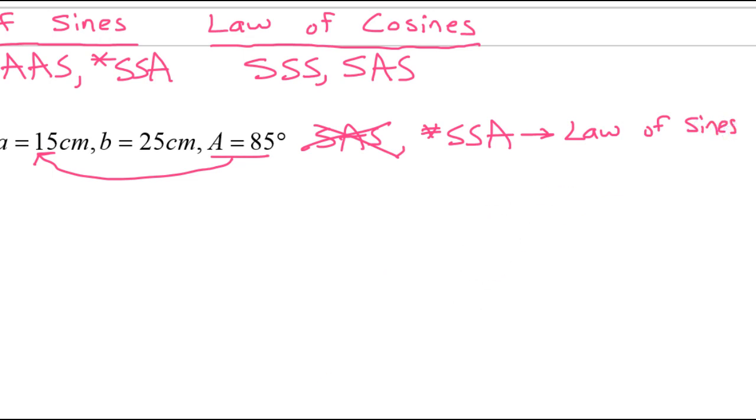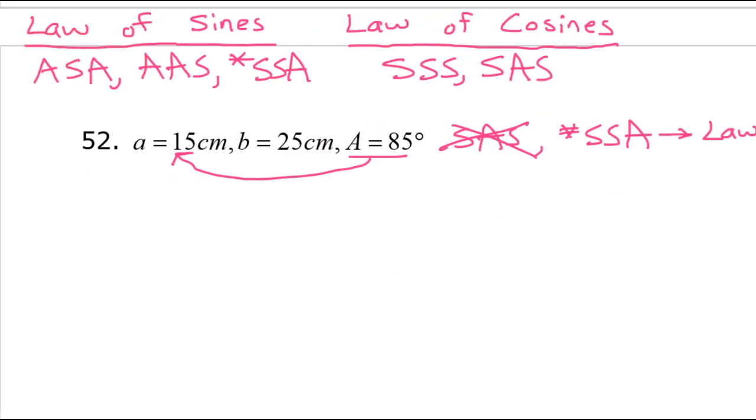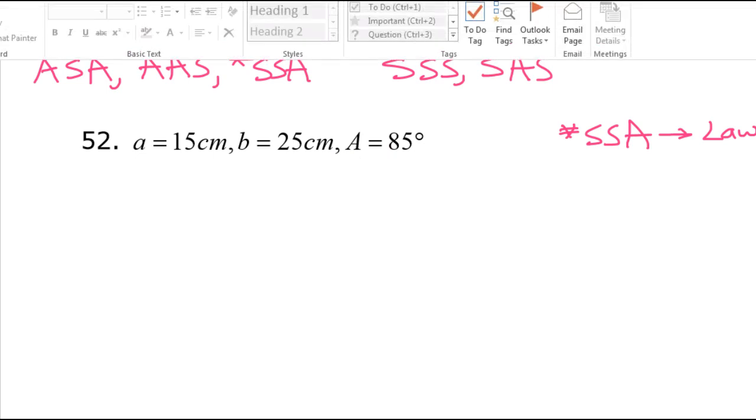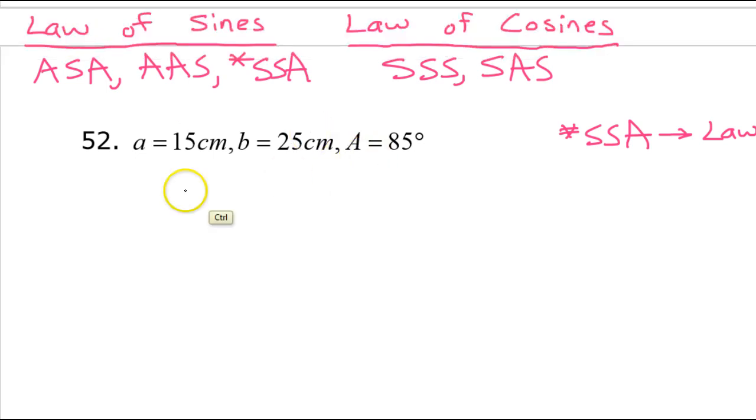All right, when you have side-side-angle, the ambiguous case, it's important that you be very careful in drawing your picture. Here's what I recommend. Take the one angle that they gave you, and definitely put that angle on the lower left-hand side of your triangle. So here's my angle A they gave me.